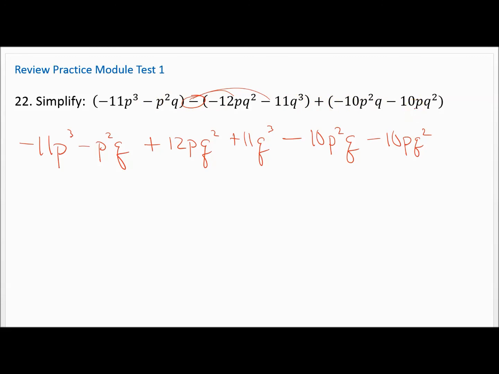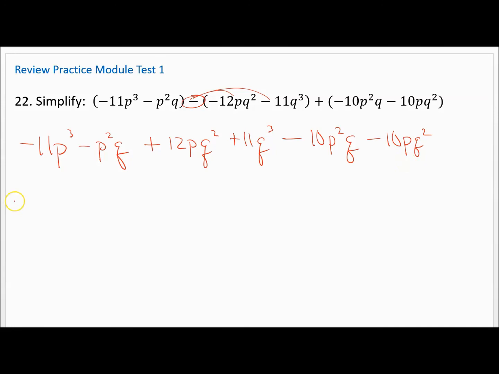Now our next big issue is writing down like terms. Okay, so p to the 3rd. All these are separate terms. Terms are separated by addition and subtraction. And you can only combine together terms that match. Okay, match exactly, exponents and all. So p to the 3rd does not show up again in here, okay?